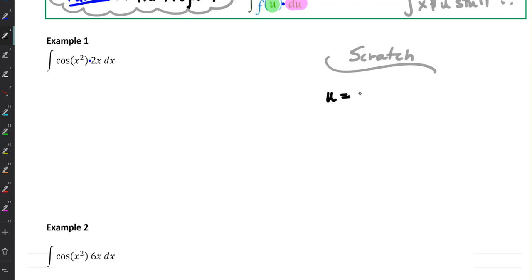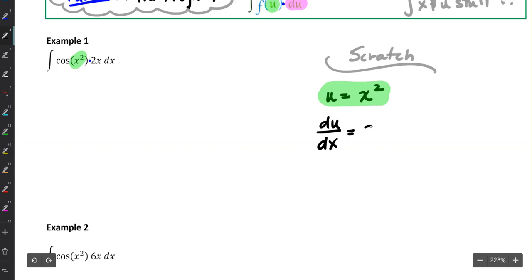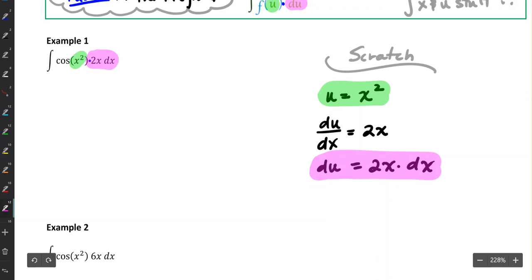So notice that if I let u be x squared, then the derivative of u with respect to x is 2x. So du is 2x dx. And notice that I have that 2x dx sitting right here.